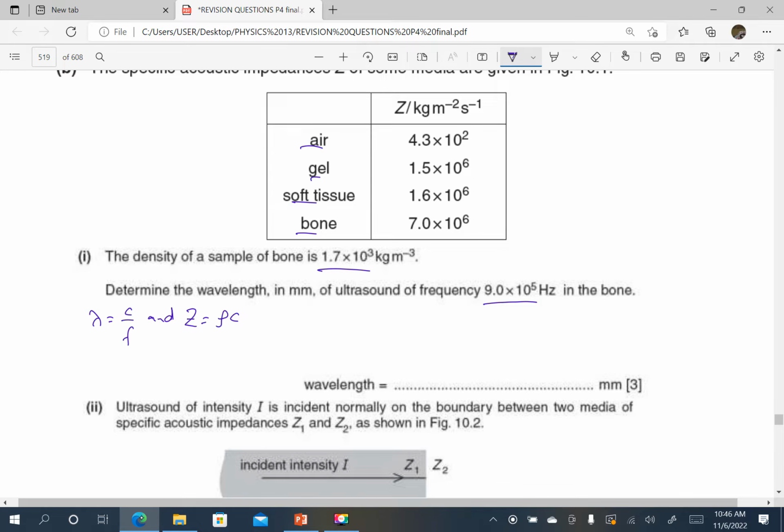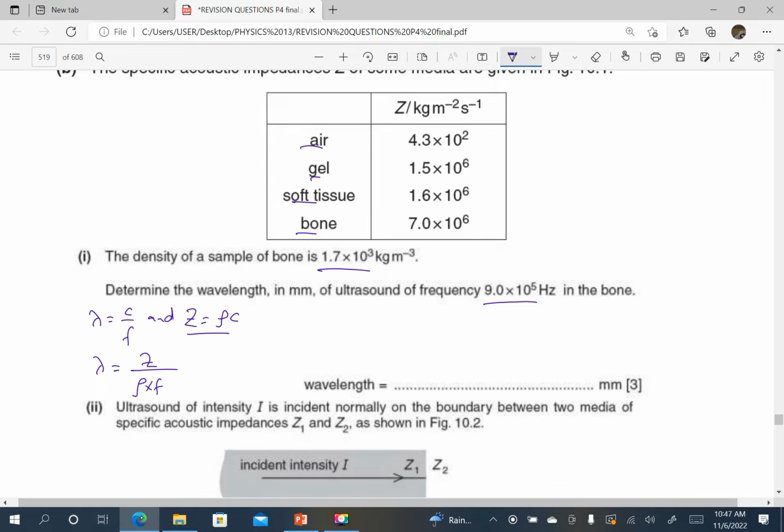When you combine these two equations, you notice that the wavelength will be equal to Z divided by density times frequency.